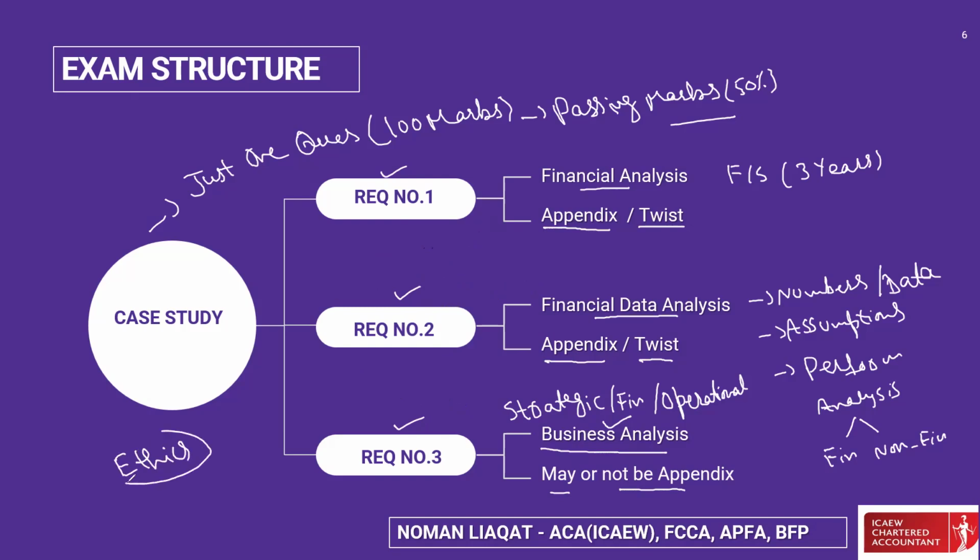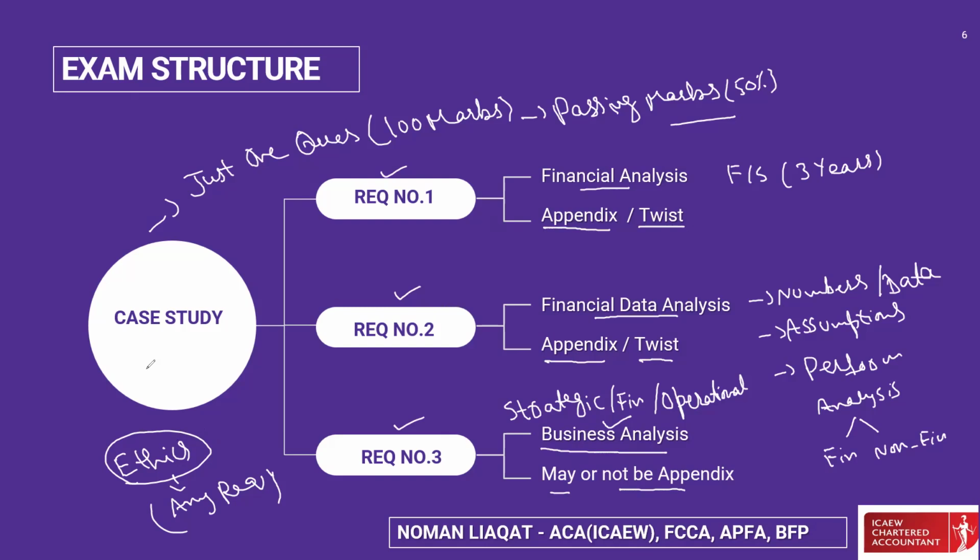And ethics could be tested in any requirement of the case study, or ethics could be tested in all of your requirements, in one requirement, or in two requirements as well. So it depends upon the examiner how your paper has been set out. So you have to be very careful about your ethical and business trust issues.